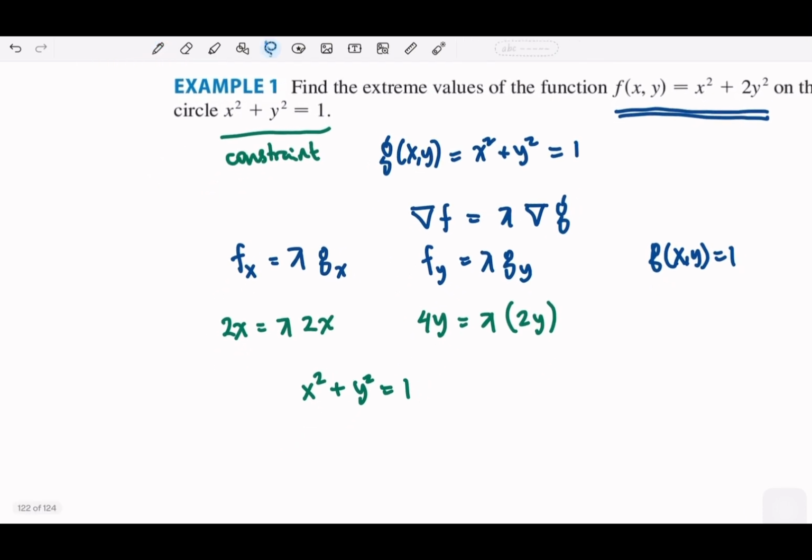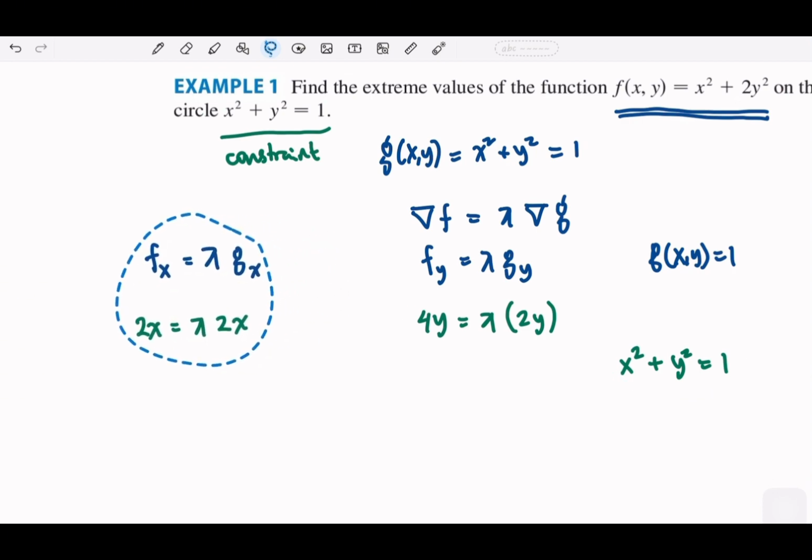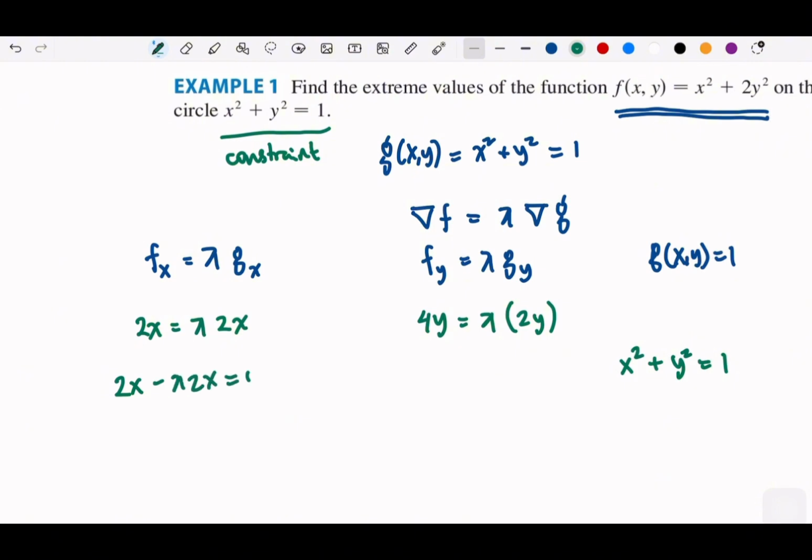Or maybe let me write this here and move it to the left part. If we solve this, we can factorize 1 minus lambda.